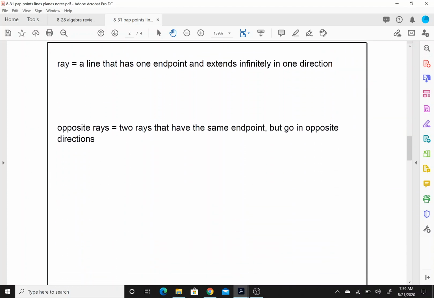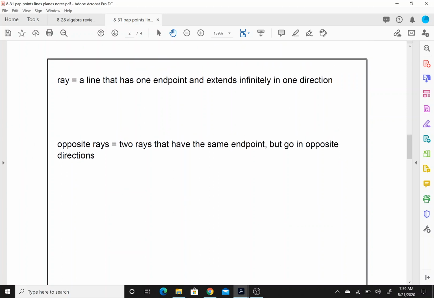All right, next vocabulary that we have is a ray. It is a line that has one endpoint and extends infinitely in one direction. So basically, a ray starts right here and it's going to go off in one direction forever. Okay, now to define a ray, you do need 2 points on it.